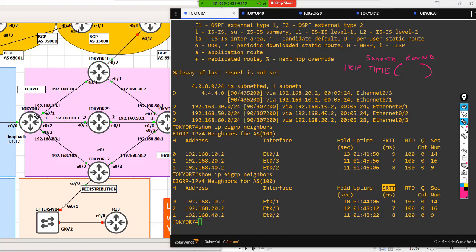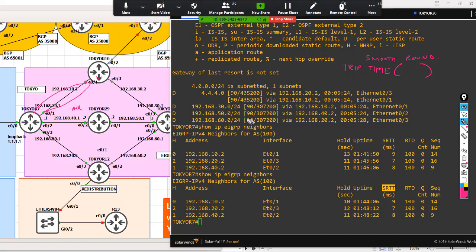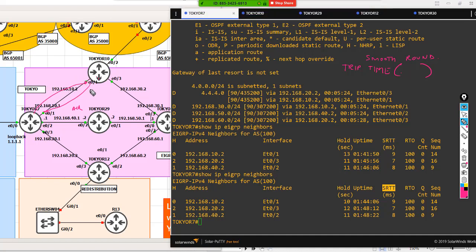So let's say the hello packet was sent, and router 2 sent an acknowledge packet. What is an acknowledge? It's just a receipt. A packet is sent to the neighbor, and the neighbor sends an acknowledge. Now that's a complete circle. Smooth round trip, so that's this timer.